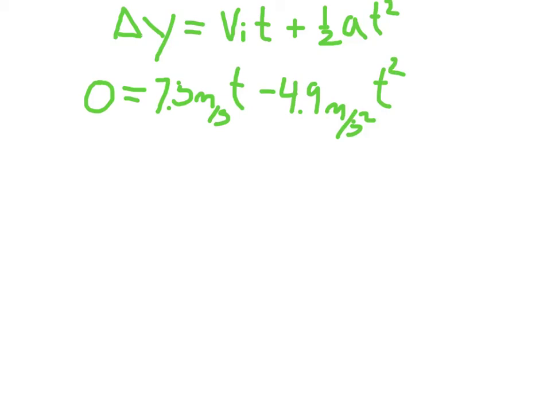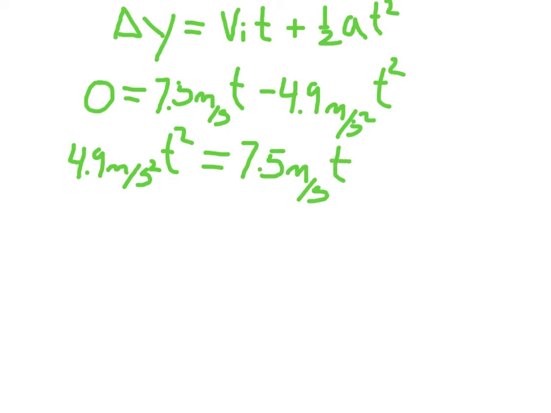Now we're going to rearrange our equation and end up with 4.9 meters per second squared t squared is equal to 7.5 meters per second times time.